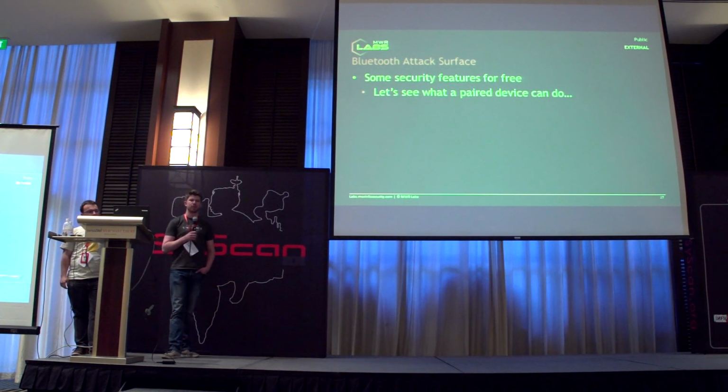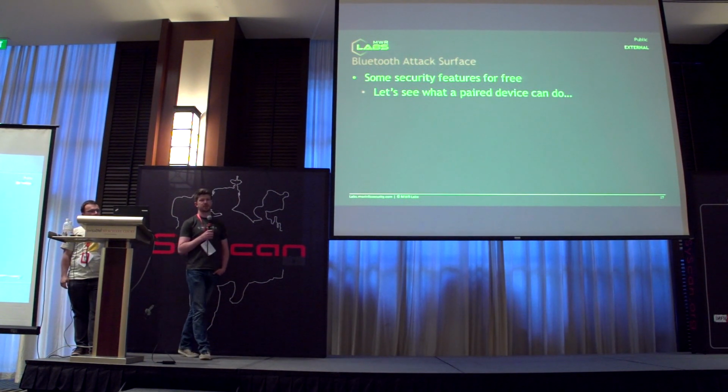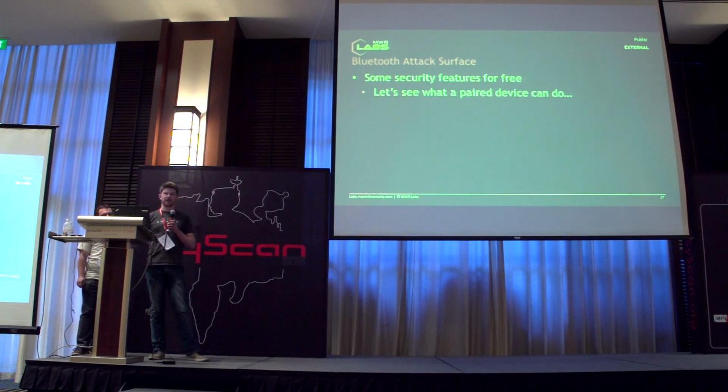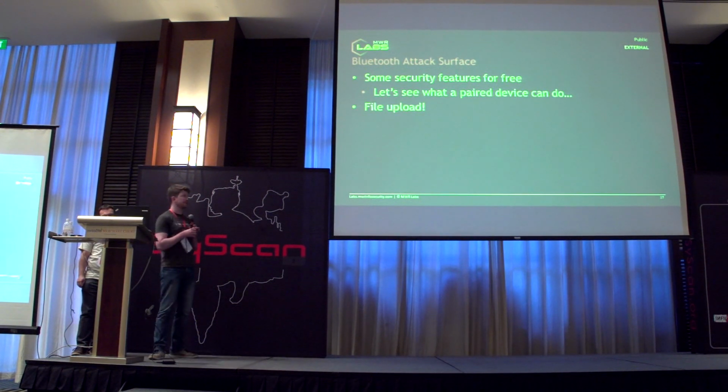And with a compromised mobile device, they will be able to communicate with the payment terminals which they are paired with as well. So the Bluetooth attack surface is really interesting for an attacker because they could leverage existing access to a device that is paired with the payment terminal in order to get code execution on the payment terminal.